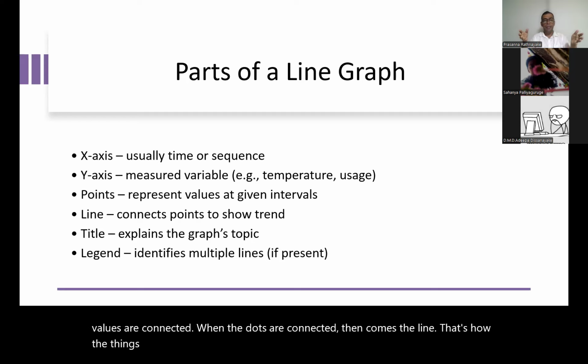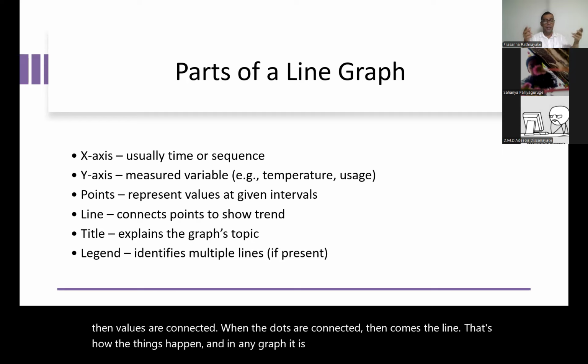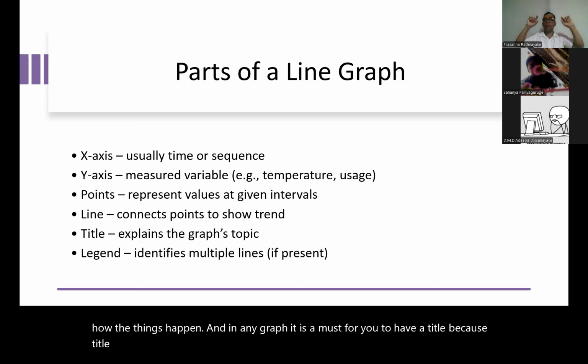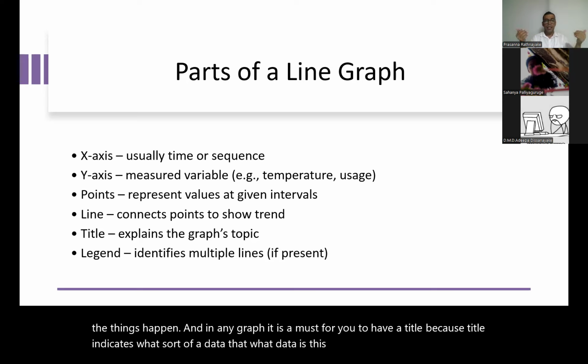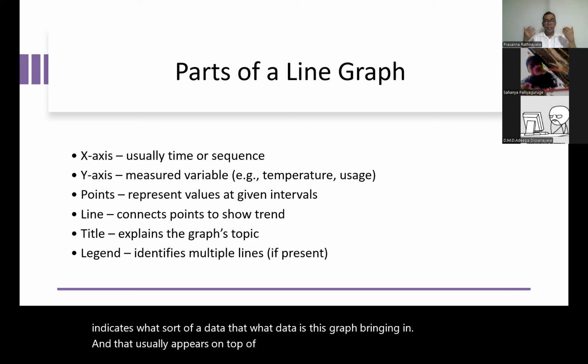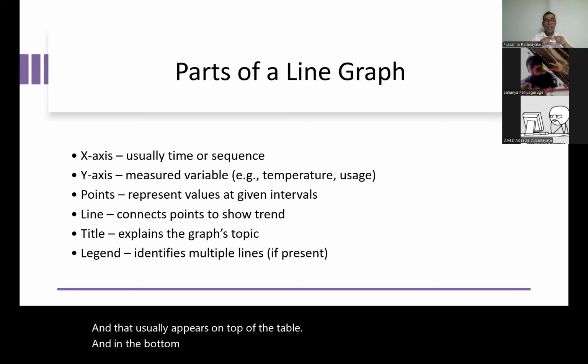And in any graph, it is a must to have a title, because the title indicates what data this graph is bringing in. That usually appears on top of the graph. And at the bottom of the graph, we see legends.